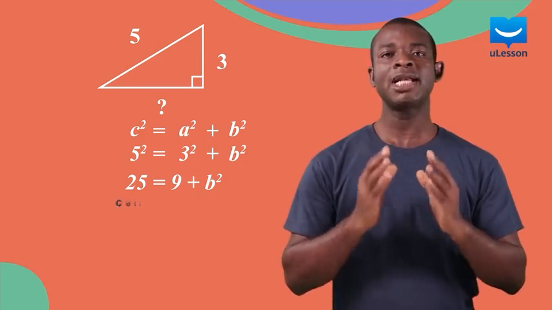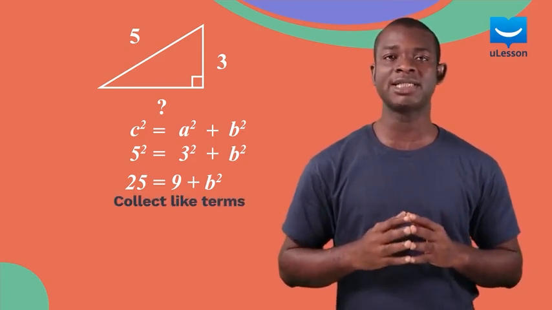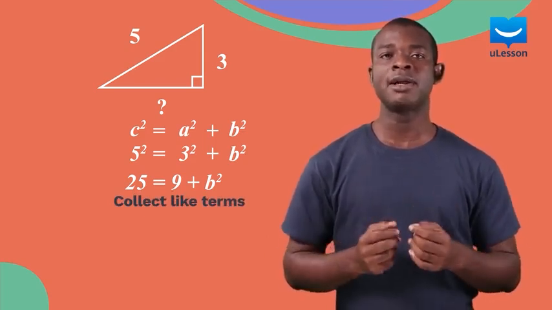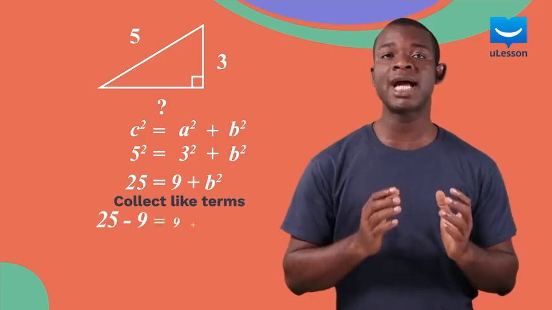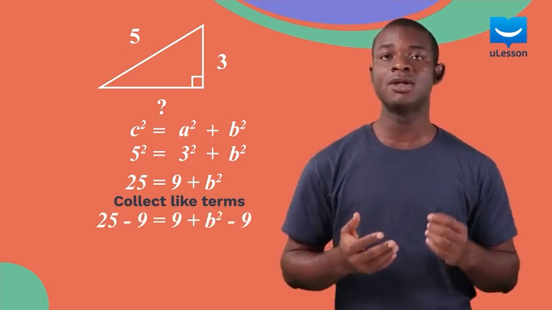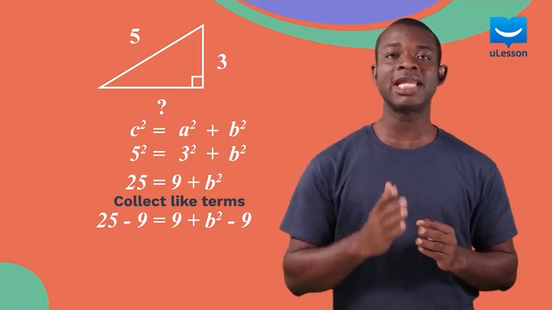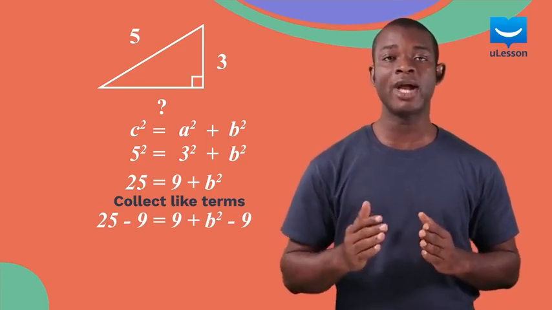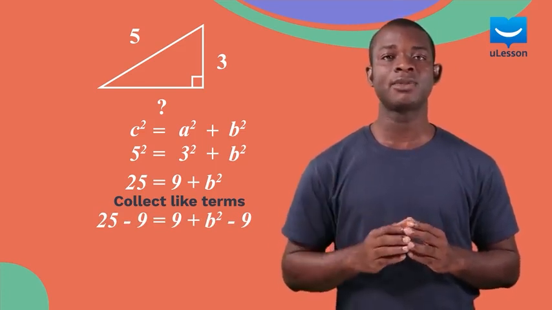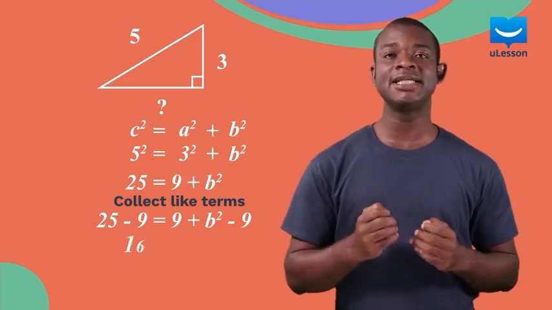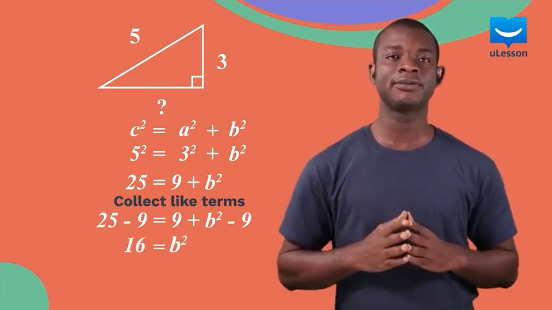Now, we collect like terms on one side of the equality sign. We can do this by subtracting 9 from both sides of the equation to get 25 minus 9 equal to 9 plus b squared minus 9, which gives 16 equal to b squared.